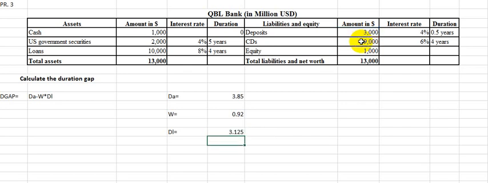And the duration of liabilities will be 3.125 years, so 3.13 years.